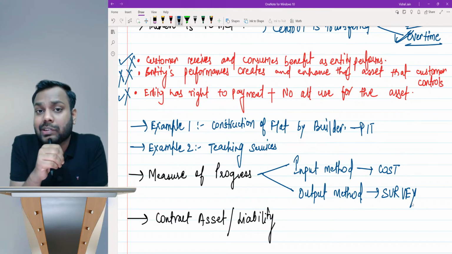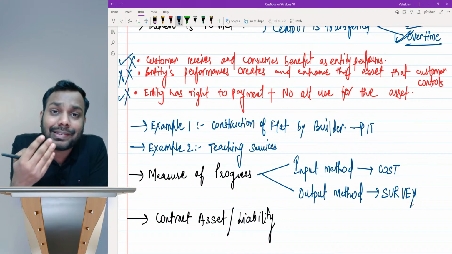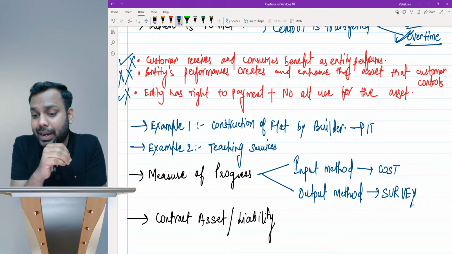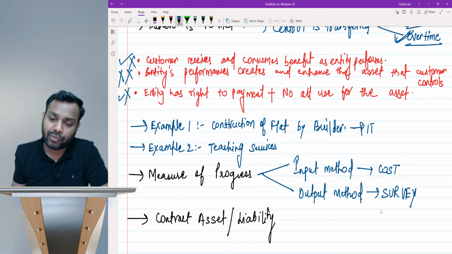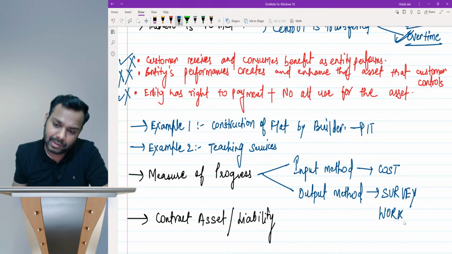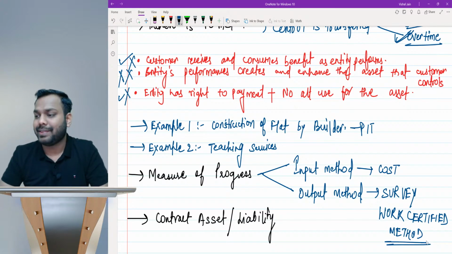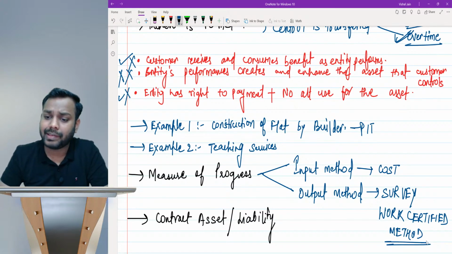So we have to get the work certified by the surveyor. The survey method is also called the work certified method. Percentage of work certified. Is that clear, guys? Very good.